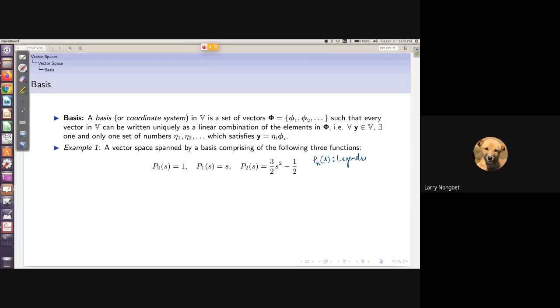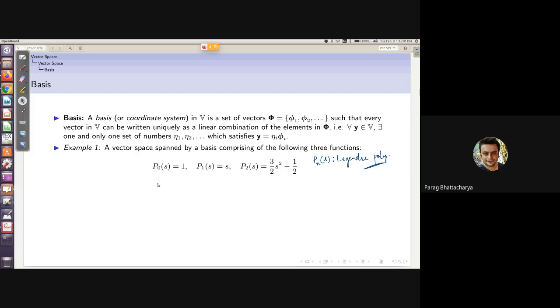These are your familiar Legendre polynomials. So Legendre polynomial p0 is 1, p1 is s, p2 is equal to 3 by 2 s square minus half. So these are your Legendre polynomials.